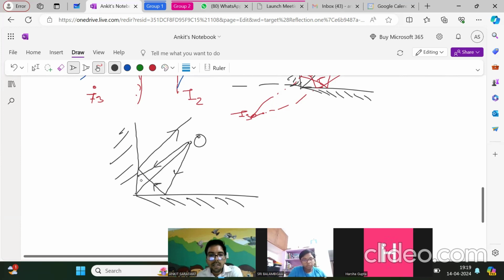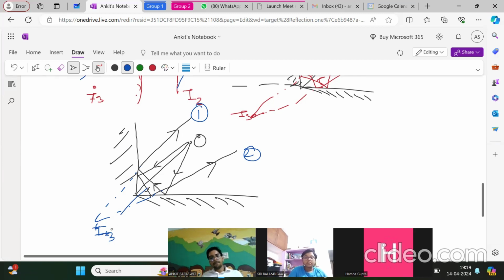It is reflecting here. Again it is striking. So when you drag these two reflected rays back, one more image will be formed. That is I3. Clear? Yes, sir.